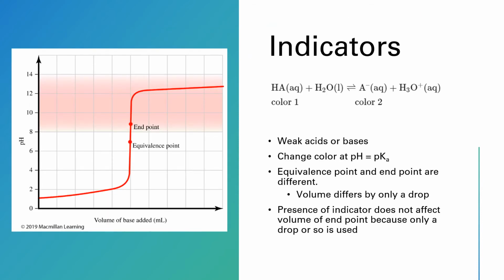All right, one more point to look at here, and that is selecting an indicator. You will find that if you look up the pHs at which various indicators change color, indicators change color at all sorts of different pH ranges.